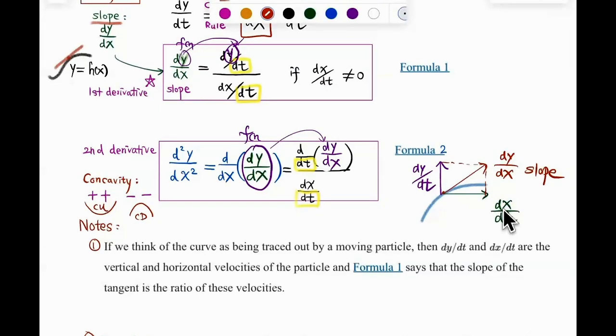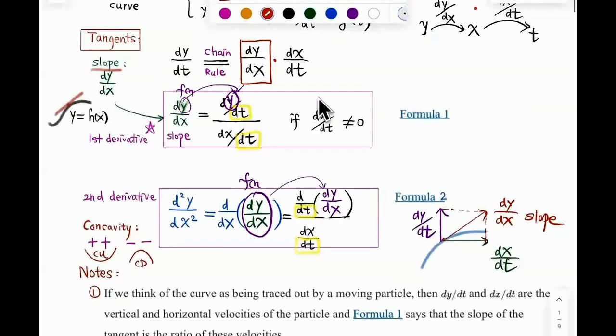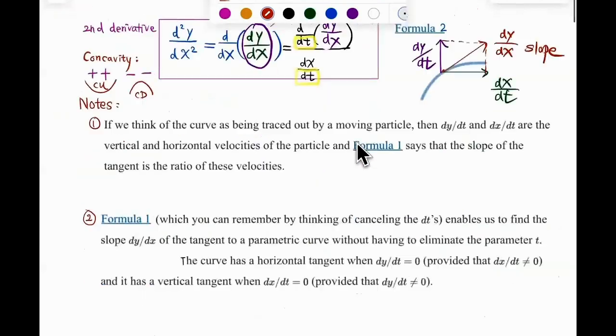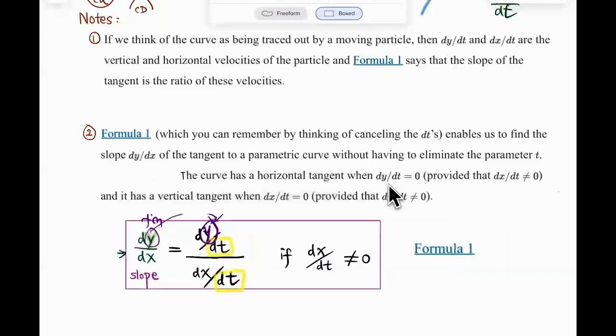Now the second one. There's the formula 1. Which one's the formula 1? This is the formula, dy dx equal to this. This one here, we can remember that. Let me put the formula down one more time. This formula, you can remember by thinking about canceling the dt, right?